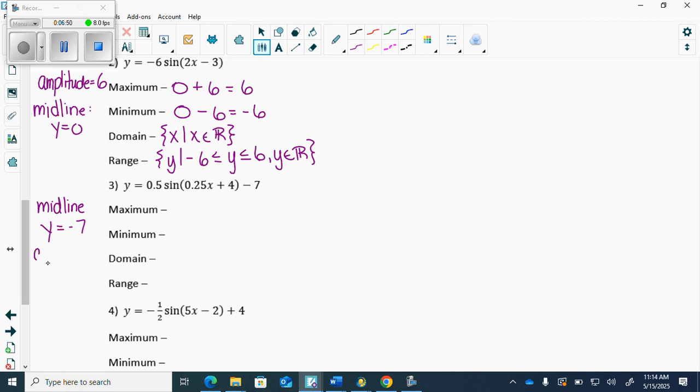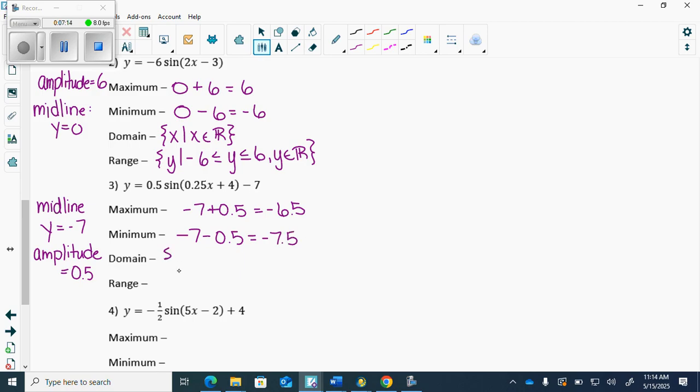And then my amplitude goes up 0.5 and down 0.5 from negative 7, correct? So if I do negative 7 plus 0.5, so up 0.5 from negative 7, I'm at negative 6.5. And then if I do negative 7 minus 0.5, so I go down 0.5 more, I'm at negative 7.5.